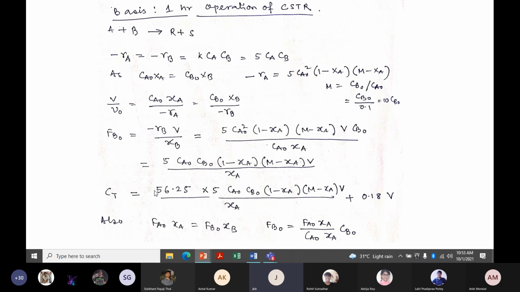So Fb0 multiplied by 56.25, plus 0.818 V. It is for CSTR. Cost is 0.18 per unit volume of CSTR. So this is fixed cost.